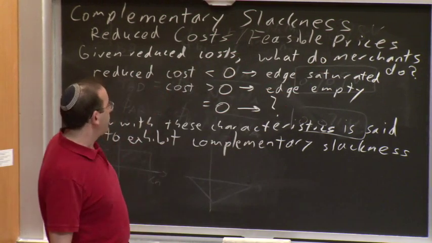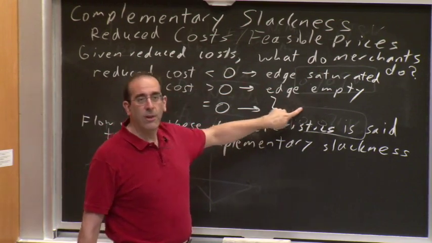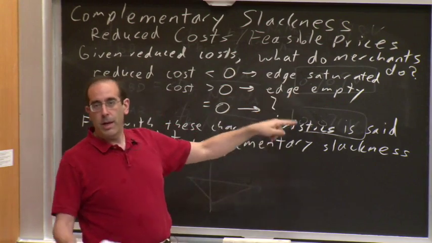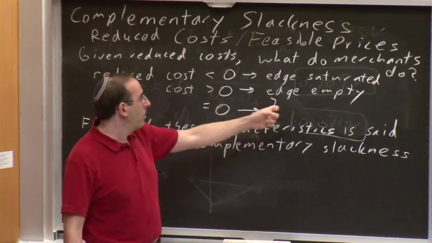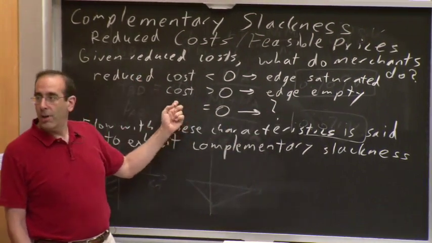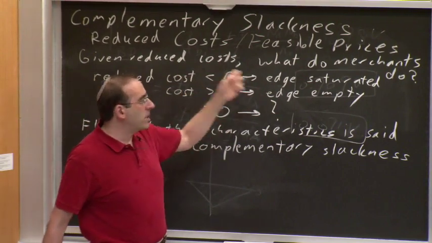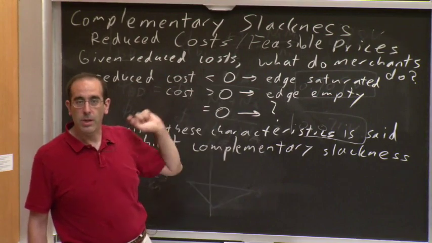And conversely, if you have a slack flow, something that is not 0 and not saturated, well, that can only happen if the cost is 0. So a slackness on one side corresponds to a tightness or a 0 on the other side.